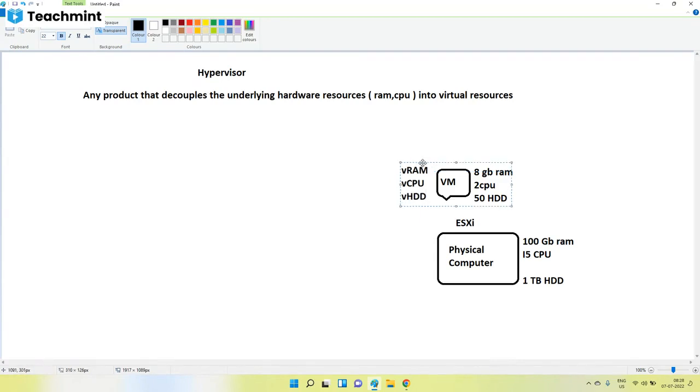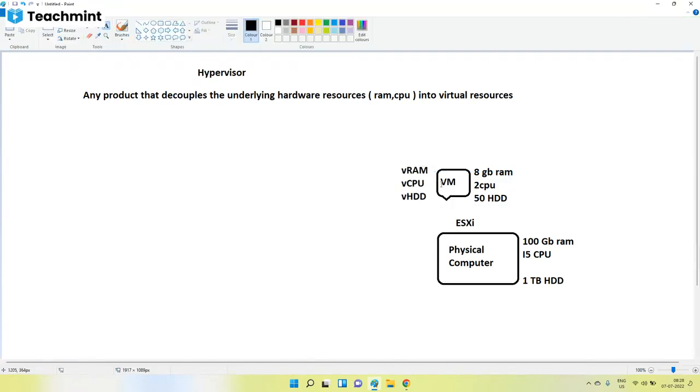The resources we allocate to the virtual machine are called virtual. These are physical; we don't need to mention physical because it's a physical machine itself. The product that does this job, splitting physical resources into virtual resources, is called hypervisor.